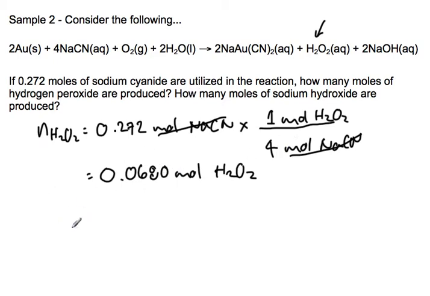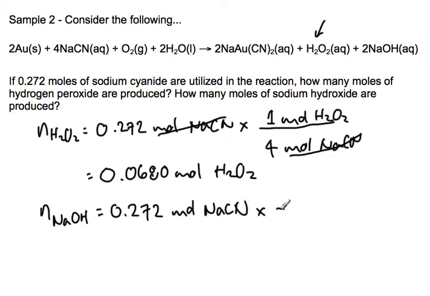Second one, how many moles of sodium hydroxide are produced? Now we're looking for number of moles of sodium hydroxide. And so that's going to be a different equation factor, 0.272 moles sodium cyanide. And again, we still know how much sodium cyanide we have, and we're going to multiply by an equation factor, and we want to be left with moles of sodium hydroxide.